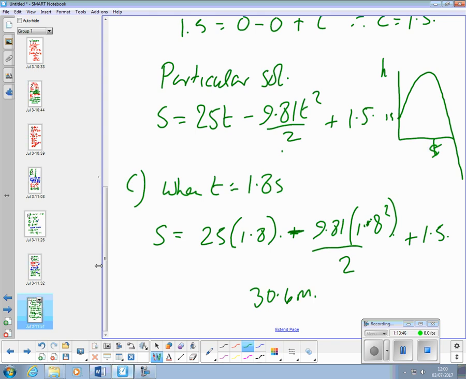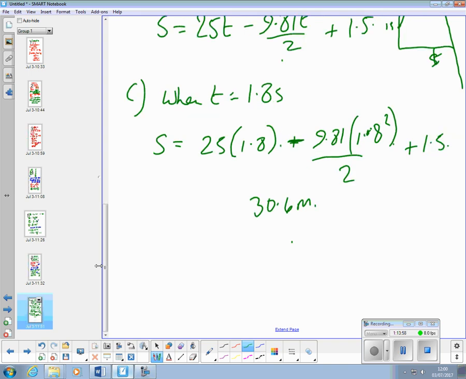We've got a quadratic there. We're going to say that's equal to 0. So writing that in standard form, you would have minus 9.81 t squared over 2 plus 25t plus 1.5 is equal to nothing.